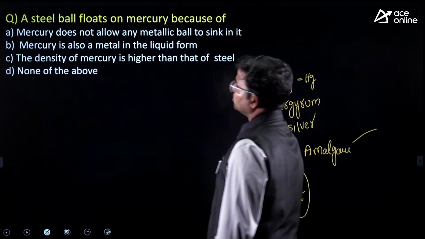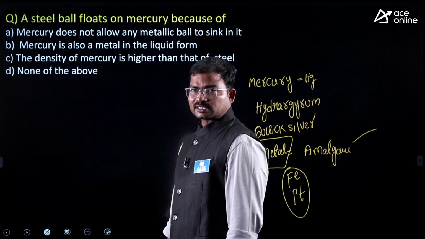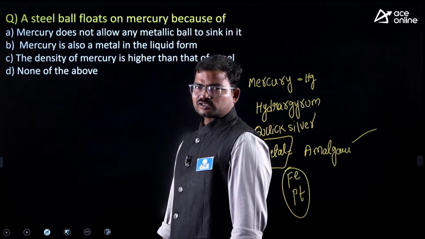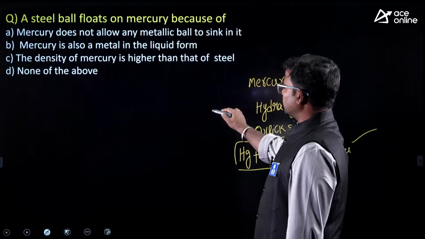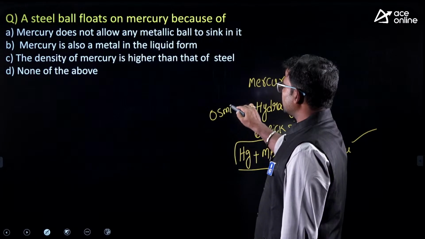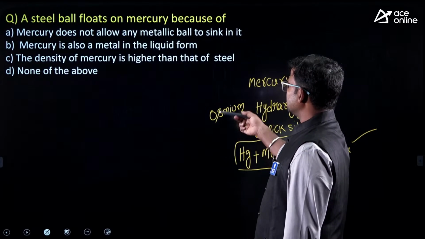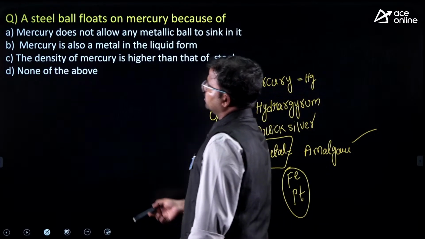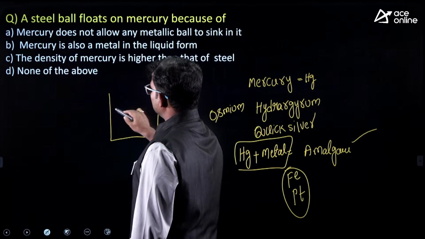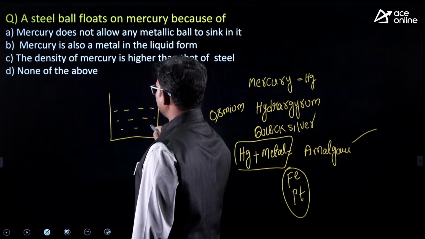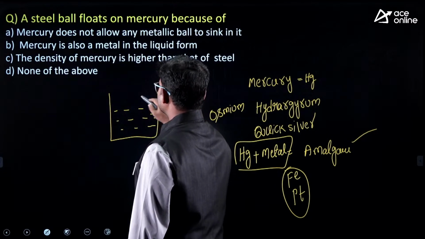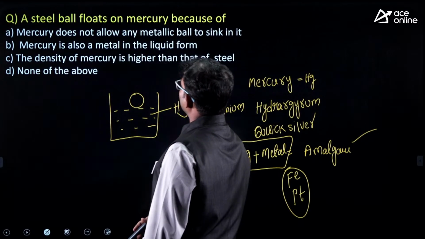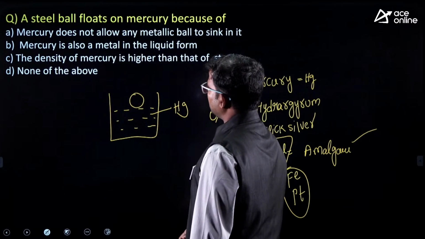One more interesting point, mercury also has high density. Of course, in the periodic table osmium exhibits the highest density. Now, let's consider here is the mercury. When a steel ball is added onto the mercury, what will happen?